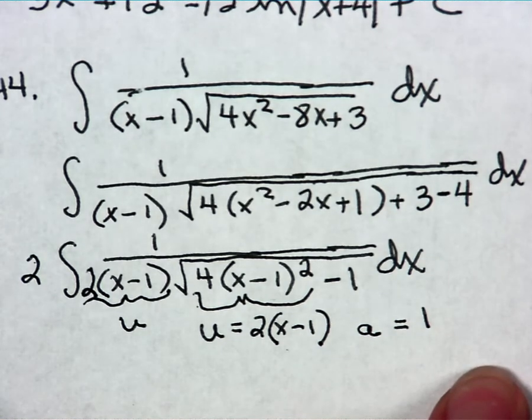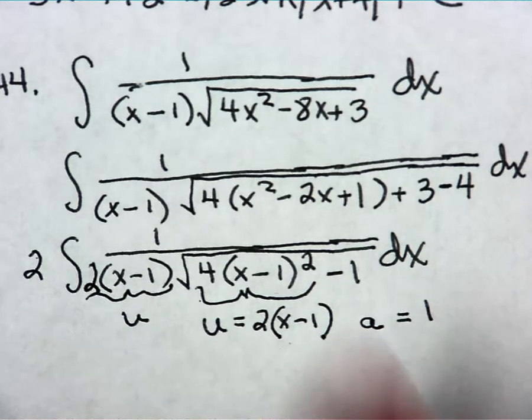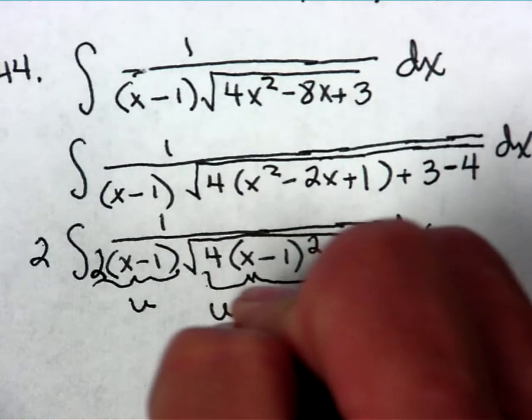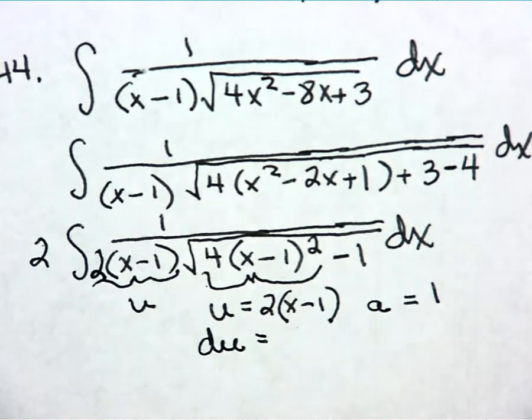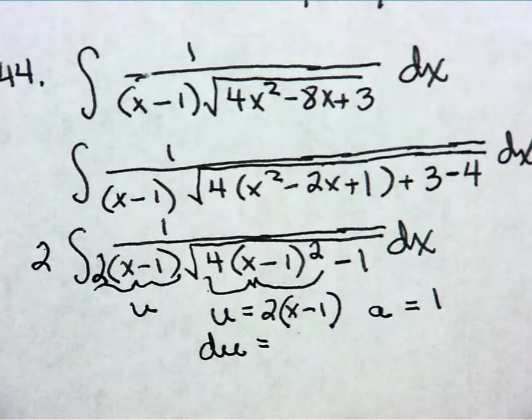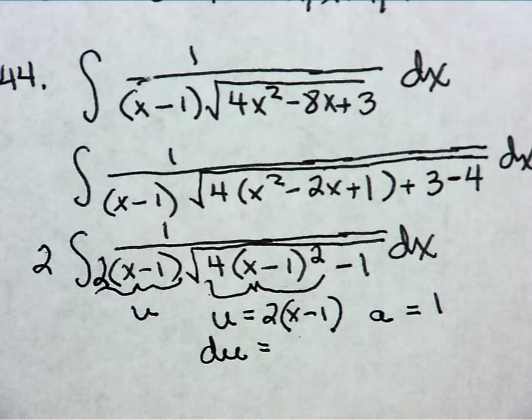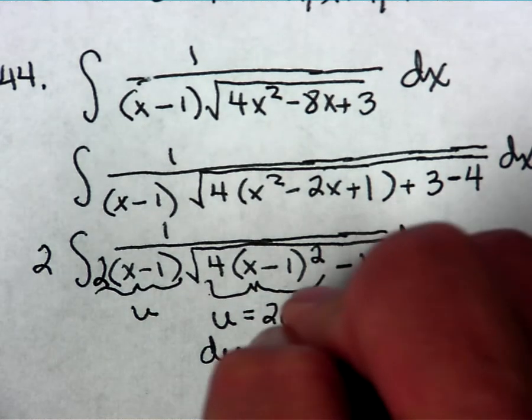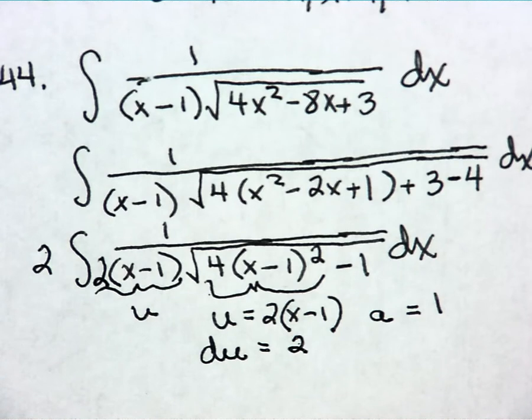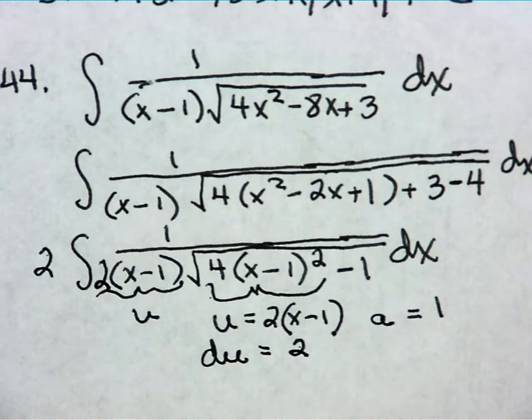The only other thing I need to check is du. What's du? So before I can say that's arcsecant, I need a 2 in the numerator.